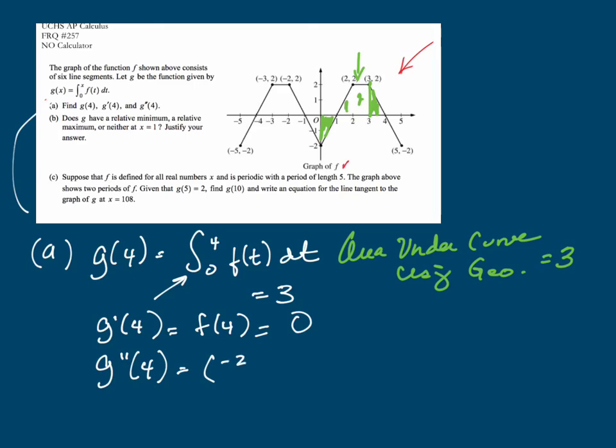So negative 2 minus 2 over 5 minus 3, which equals negative 4 over 2, which is equal to negative 2. So there's your 3 numbers, 3, 0, and negative 2. Oh wait, this is a positive, so that's a negative. Be careful, Mary. Okay, so that is part A, and let's go on to part B.